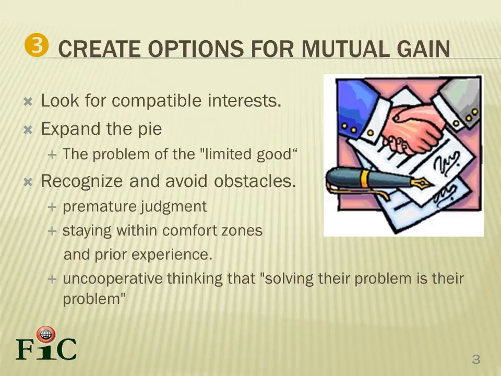We're going to want to recognize and avoid some primary obstacles to mutual resolution. One of those is premature judgment, which is another way of saying we've already made up our minds about the way this is going to be resolved. We've already got in our head an exact idea of what the final agreement is going to look like, and we're not willing to consider other options.